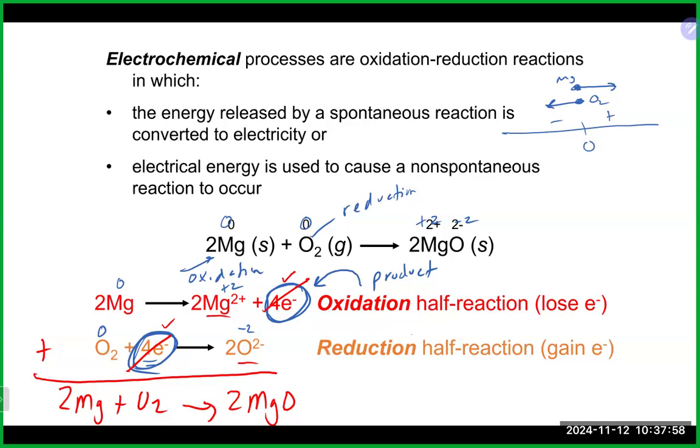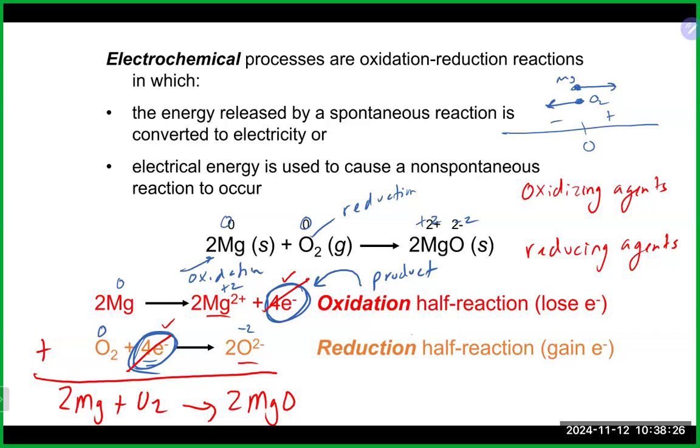Now, another important thing that's sometimes talked about in redox reactions are what are known as oxidizing agents and reducing agents. And the oxidizing agents and reducing agents are a different question than what is being oxidized and what is being reduced.